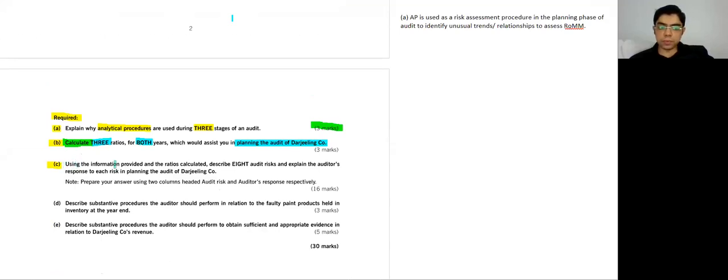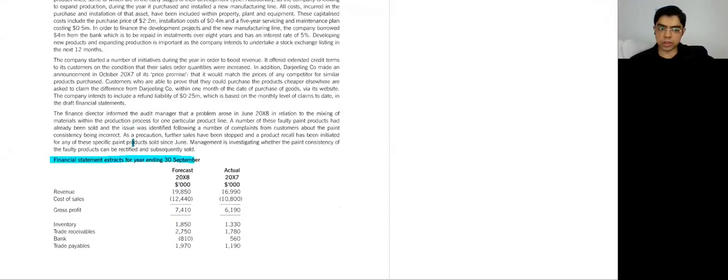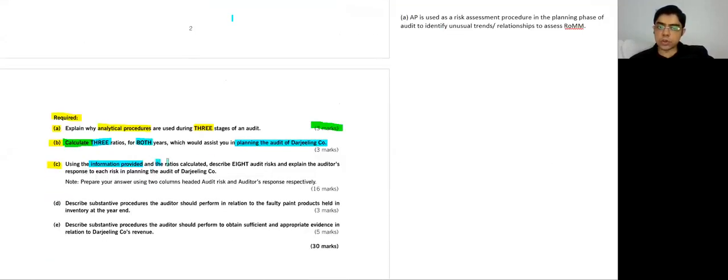Using the information provided and the ratios calculated. Information provided, here's the information that you've been provided. There's all the information, plus the ratios that you've calculated in this B part.